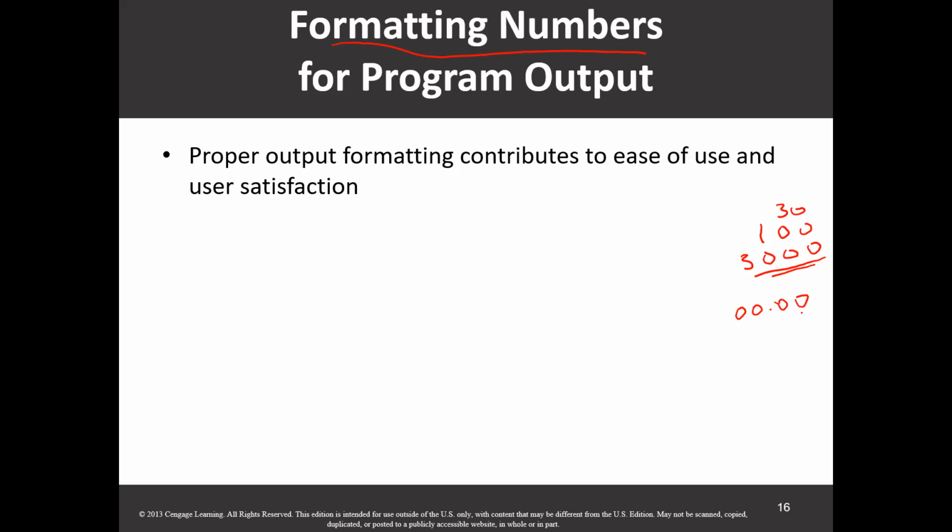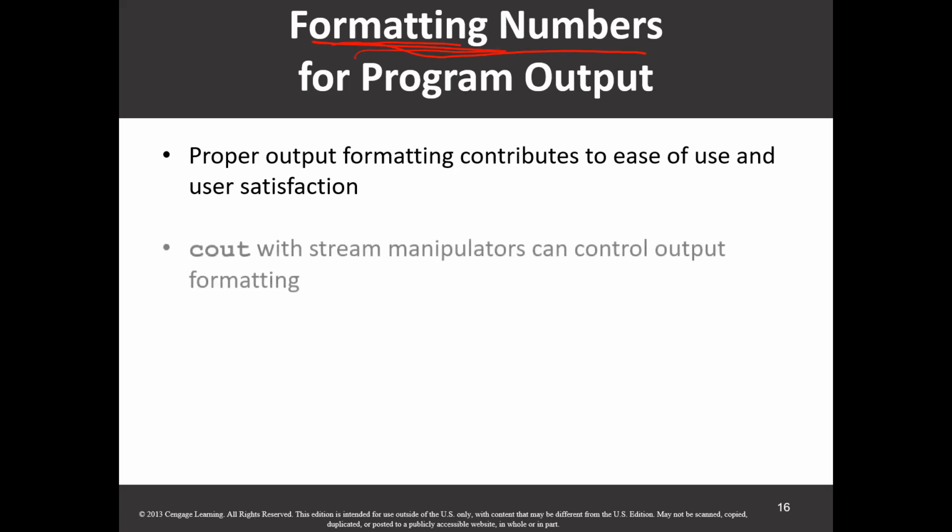In order to format this in this specific way, we have to use these formatting methods that we are going to discuss today. So it's a proper output formatting, for ease of use and user satisfaction.